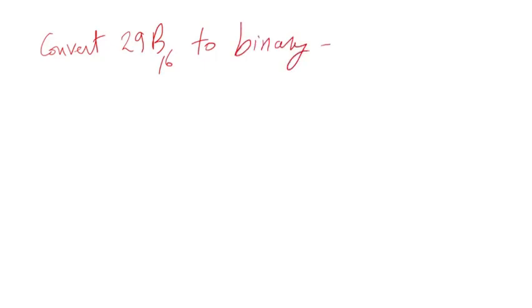Now let's convert 29B hexa to binary. So how do you tackle this? You just write the number here. This is in hexa or base 16. So what is B?